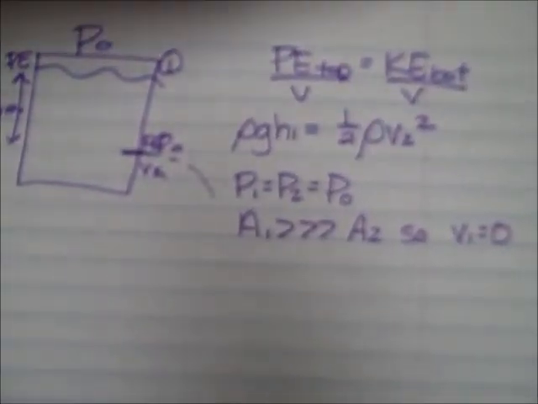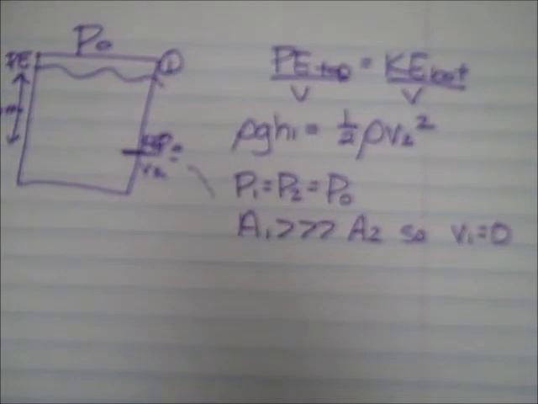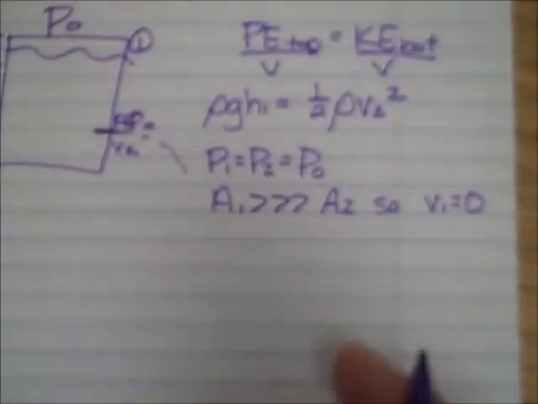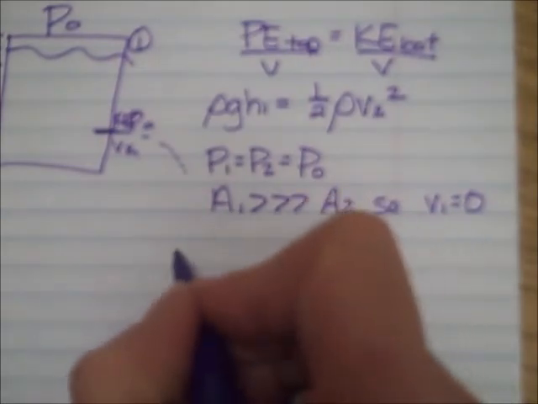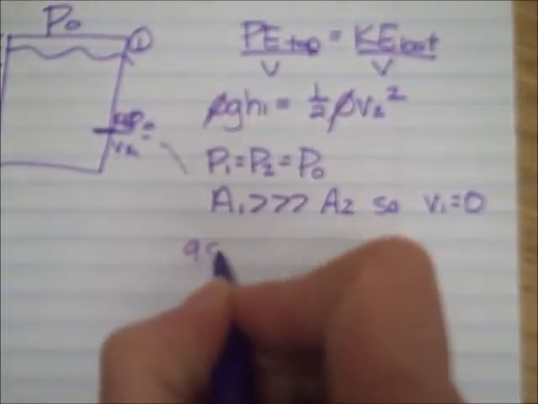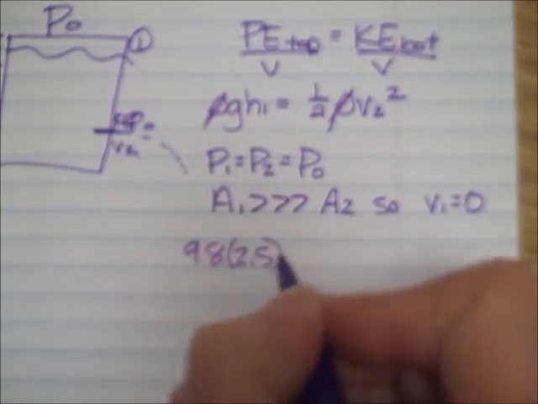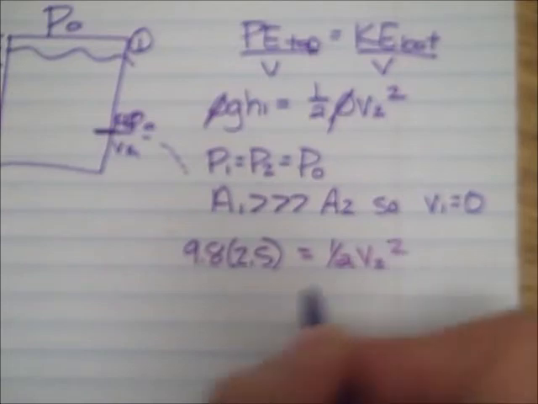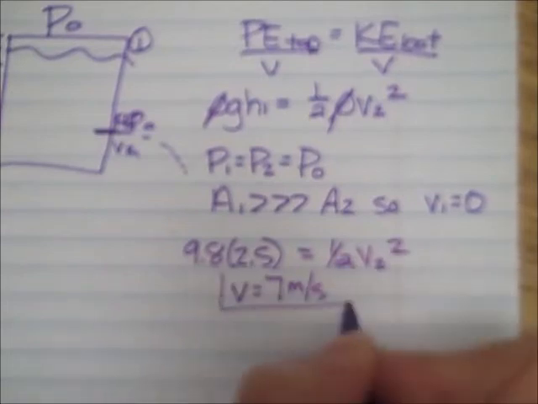The water coming out the hole would be moving much, much faster than the sinking water level of the container. So from that, my densities cancel. I did 9.8 times 2.5 equals 1/2 V2 squared, and I get that velocity to be 7 meters per second.